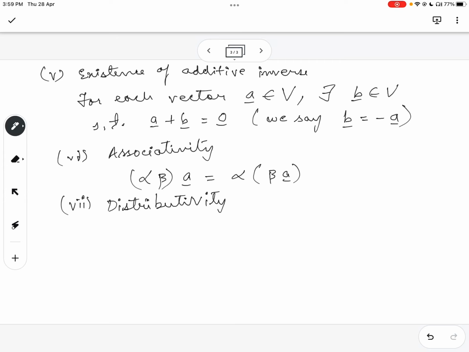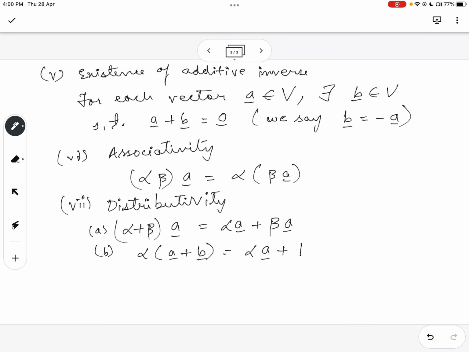There are two types of distributions possible. There's alpha plus beta times A is equal to alpha A plus beta A. And the second one is alpha times A plus B should be equal to alpha A plus alpha B.